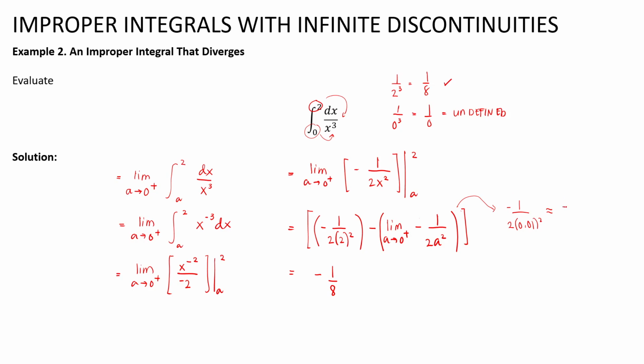So this is -5,000. If you try to plug in, let's say 5 zeros, 1 over 2 times 0.00001 squared will give you -5 times 10 to the power of 11.